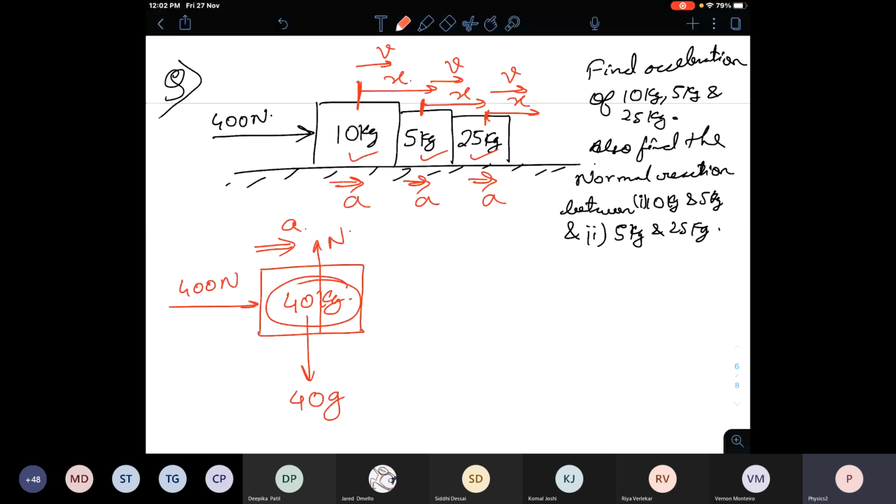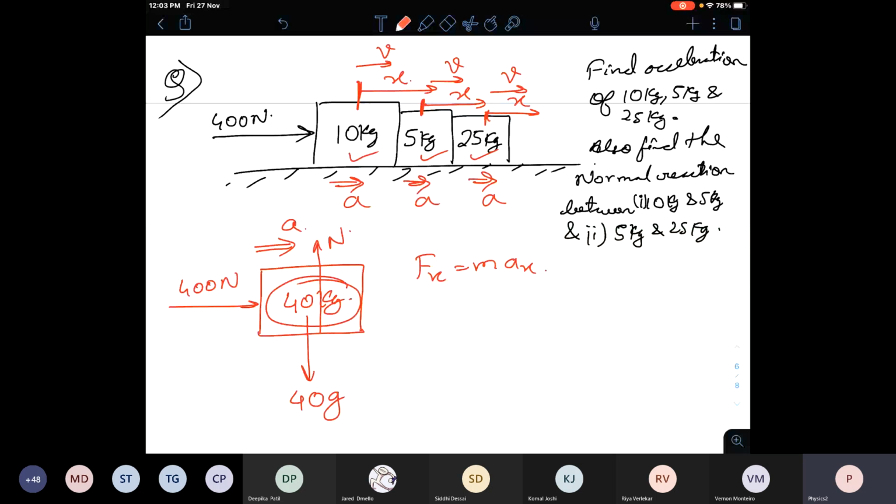So in the horizontal direction, we can write Fx equals max. The net force in the horizontal direction is equal to mass times acceleration in the horizontal direction, from Newton's second law. Whenever the mass is constant, we can apply F equals ma. Mass is conserved over here.